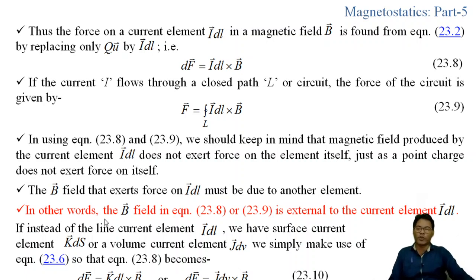Or in other words, the B field in equations 23.8 and 23.9 is external to the current element Idl. We have discussed this.